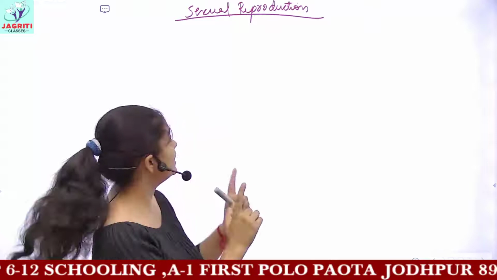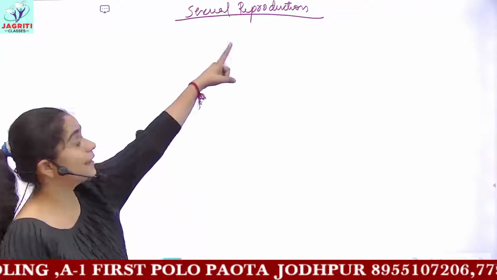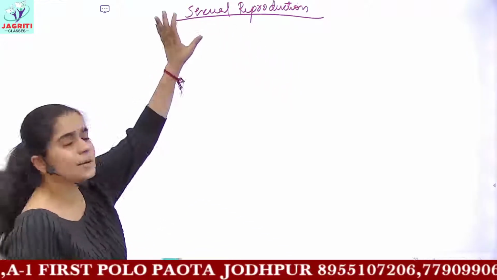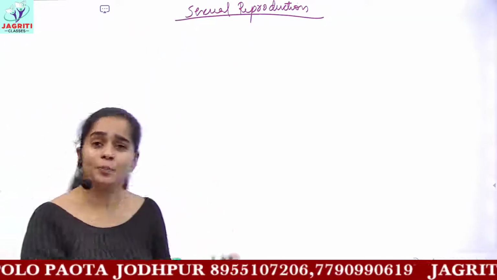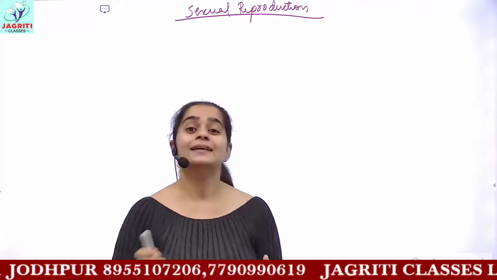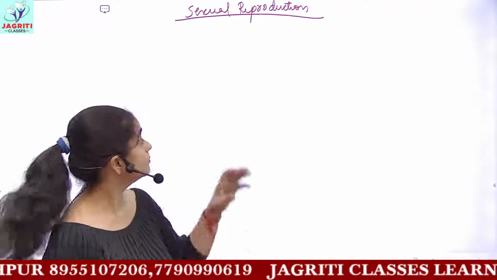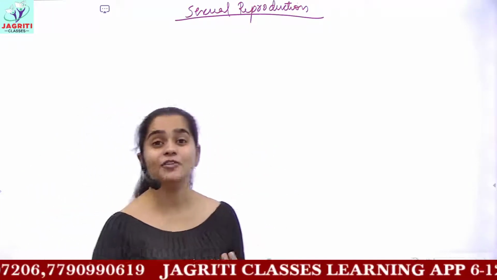I already discussed with you in detail the difference between asexual and sexual, so we'll not be discussing it in detail again. Some of the points were that two parents are involved, it is a complex process, not as simple as the asexual one, and fewer offspring are produced, but they have a high survival rate.